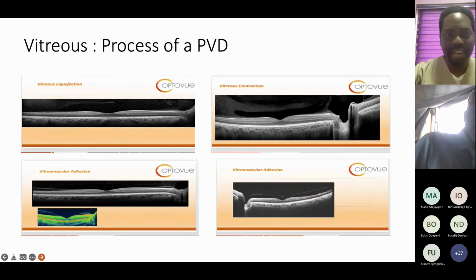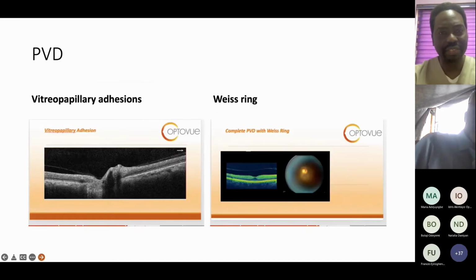This is very obvious on OCT. We even see the earlier stages where there's vitreous liquefaction, what we call synchisis, and vitreous contraction, what we call syneresis, that usually precedes these changes that eventually lead to posterior vitreous detachment.